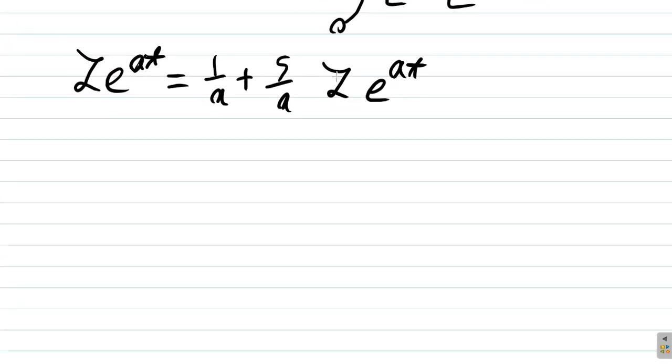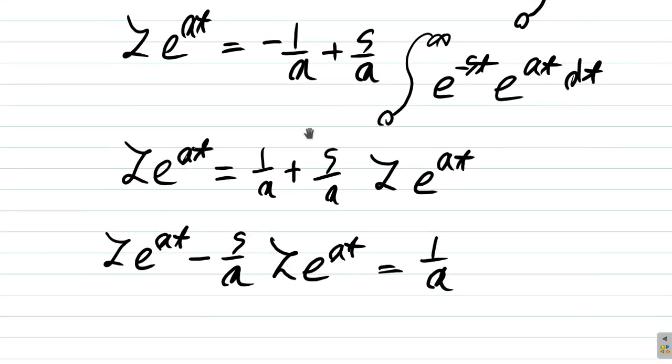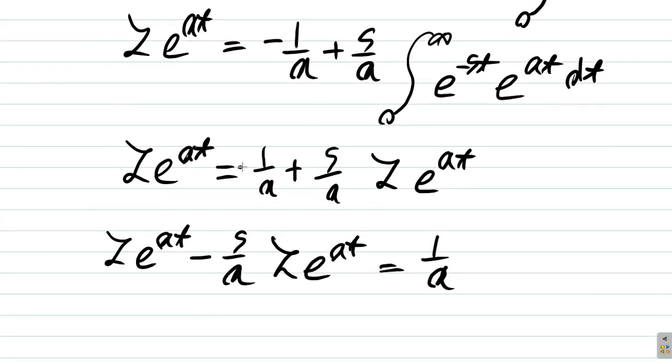So now, let's subtract all of this from both sides. The Laplace transform of e to the at minus s over a times the Laplace transform of e to the at equals 1 over a. Is it 1 over a? Oh, negative 1 over a. I left off the minus sign.